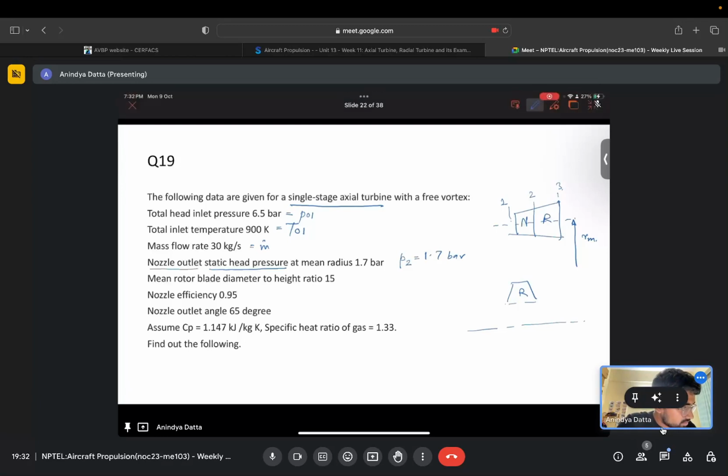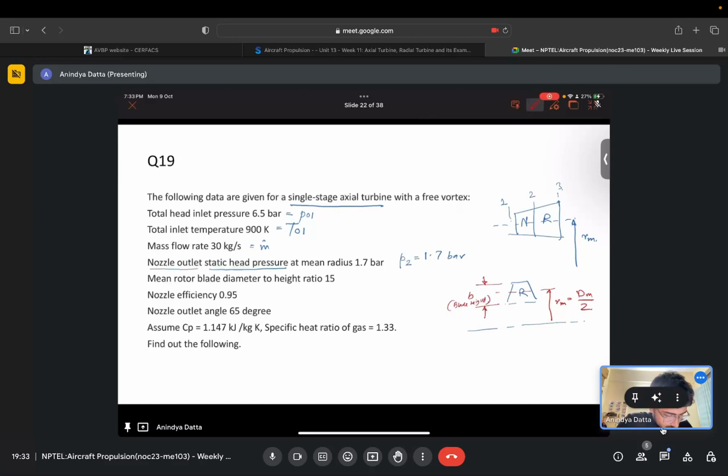So the mean rotor blade diameter, so this is our Rm, let's say this is dm by 2, right? So the diameter by 2, and the blade height is this one, so this is b, the blade height.